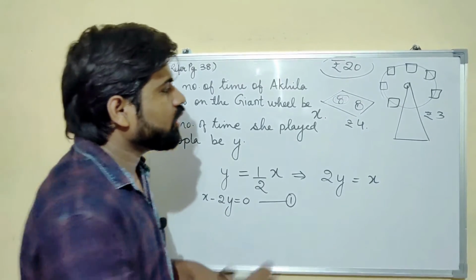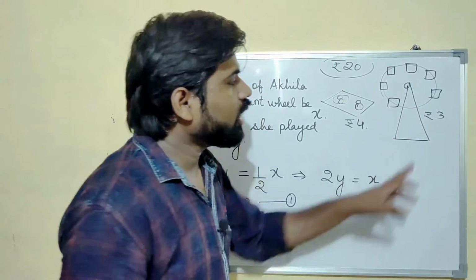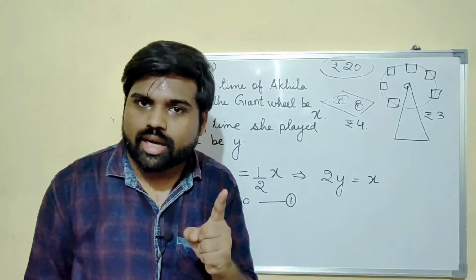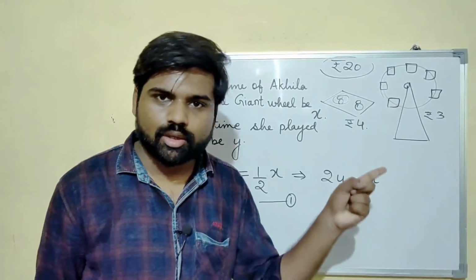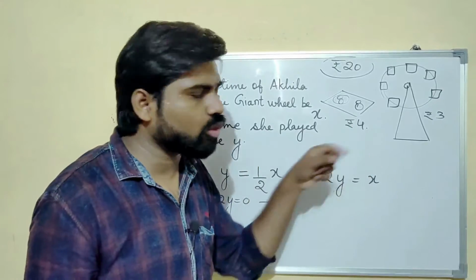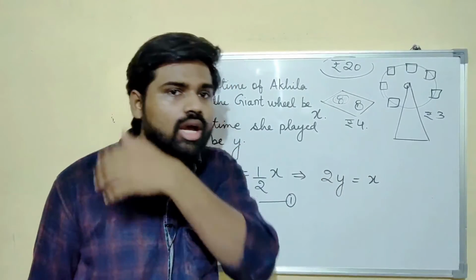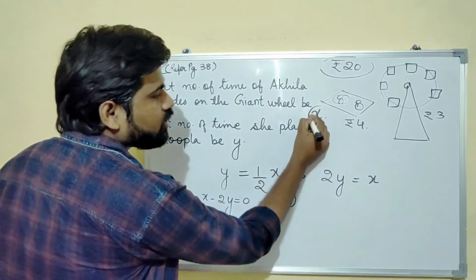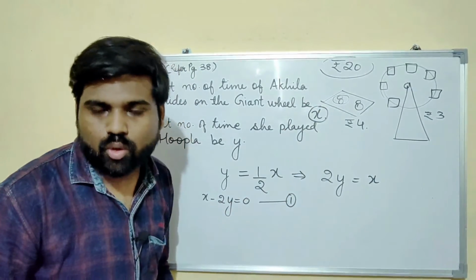Now it was written that per ride it is 3 rupees. That means the cost of one ride on the giant wheel is 3 rupees. And the cost of playing hoopla one time is 4 rupees. So let us find out the value of that. You know that she has ridden x times on the giant wheel.